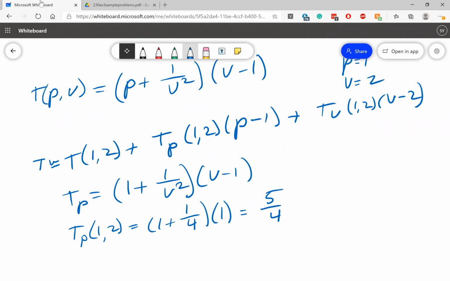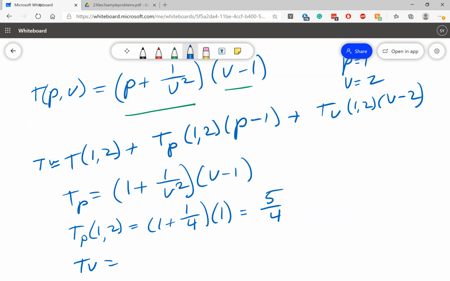Okay. Now T with respect to V at (1, 2). Partial of T with respect to V is going to be equal to P plus, okay, we're going to take the derivative of this times that. So let me get it complete for a second.